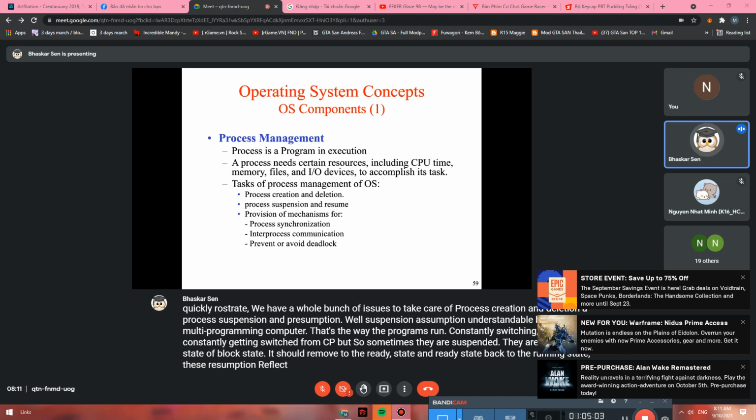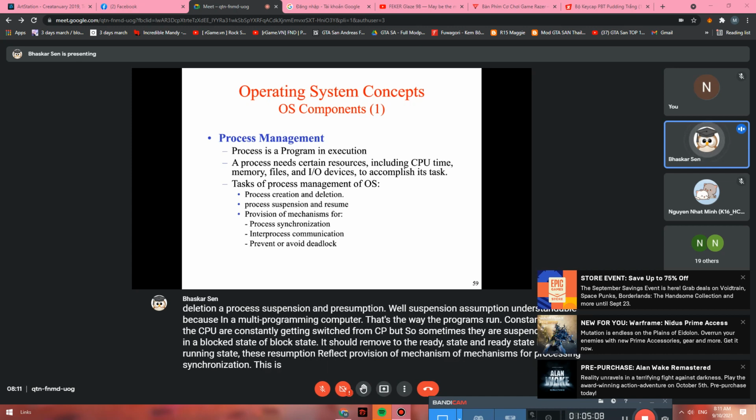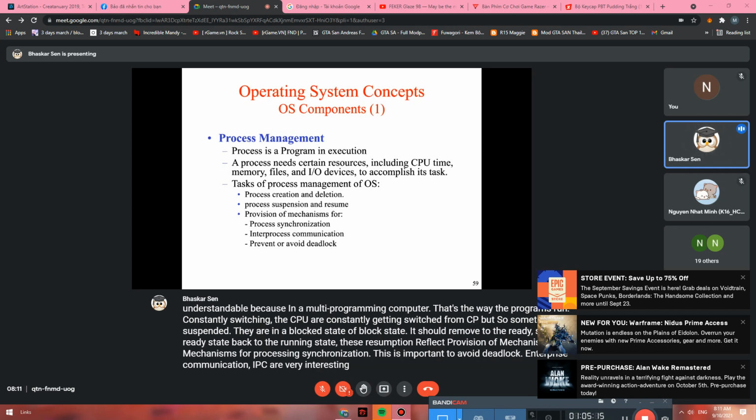Provision of mechanisms for process synchronization. This is important to avoid deadlock. Interprocess communication, IPC, a very interesting and important chapter with a whole bunch of algorithms in there.